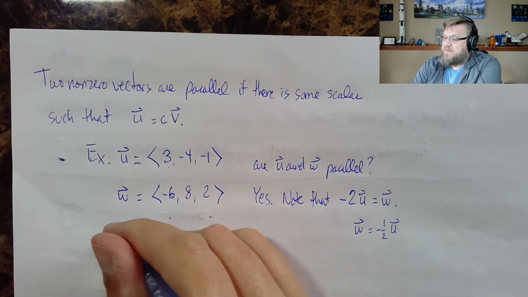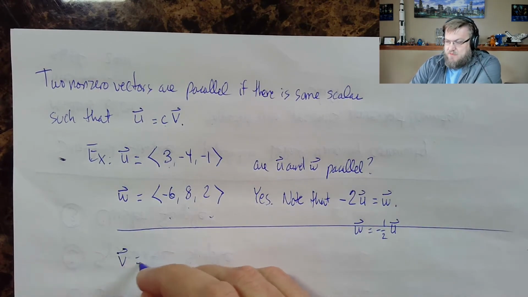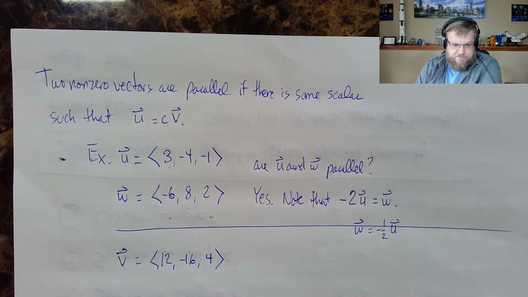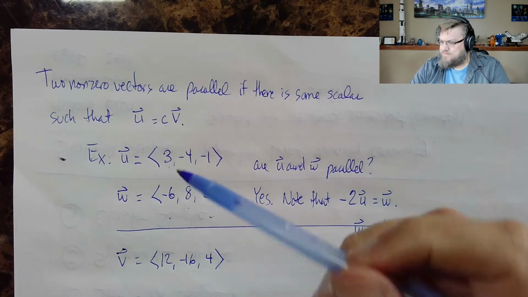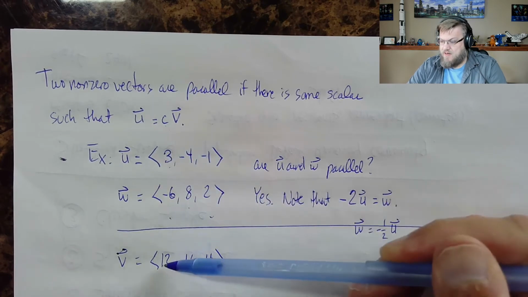And for instance, if I gave you another vector like this, what if v was 12, -16, and 4, like that? Okay. Let's see here. If I multiply 3 by 4, I get 12.